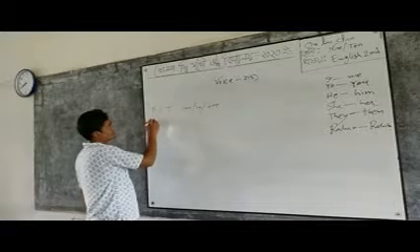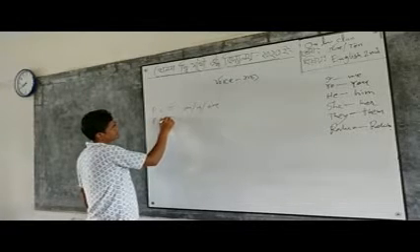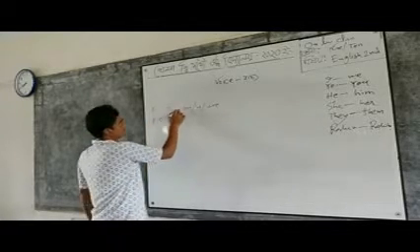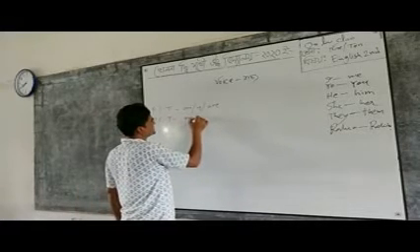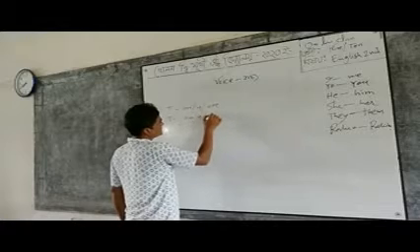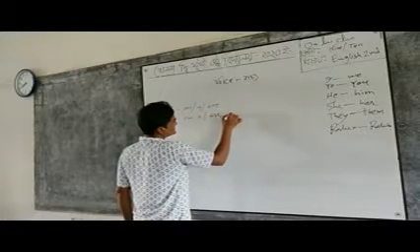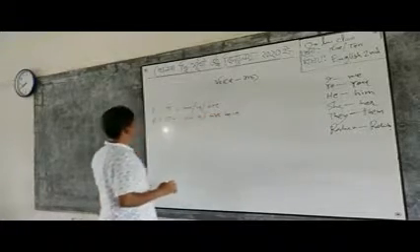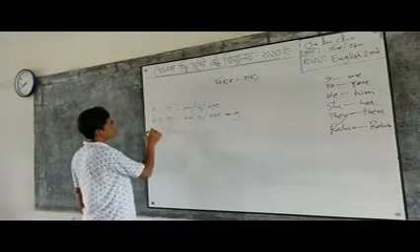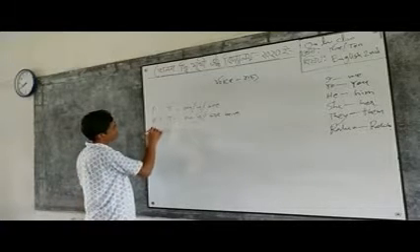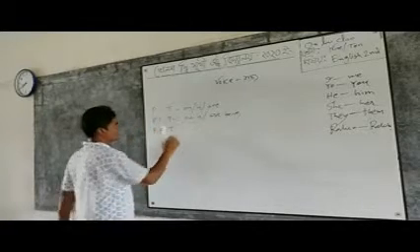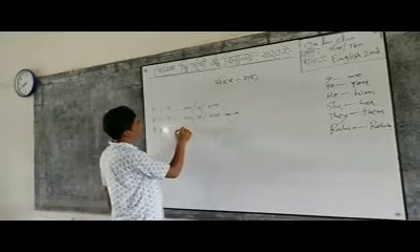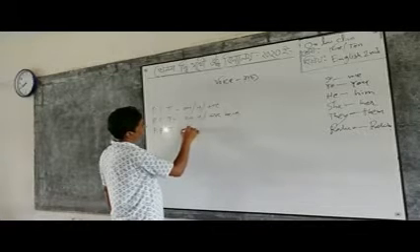If the tense is present continuous tense, the auxiliary verb will be am being, is being, or are being. If the tense is present perfect tense, the auxiliary verbs will be have been or has been.